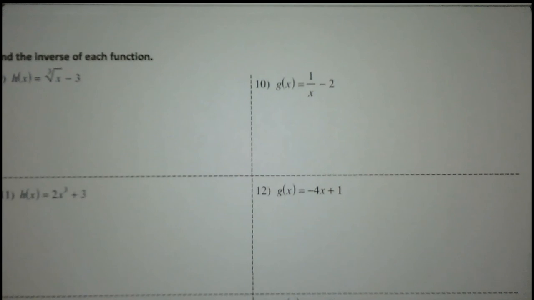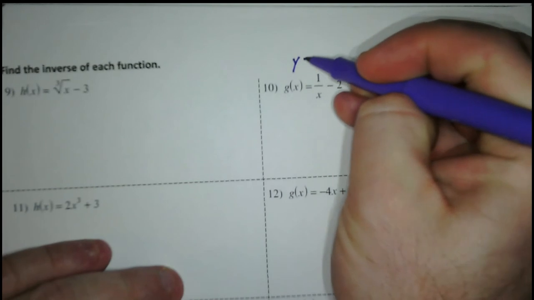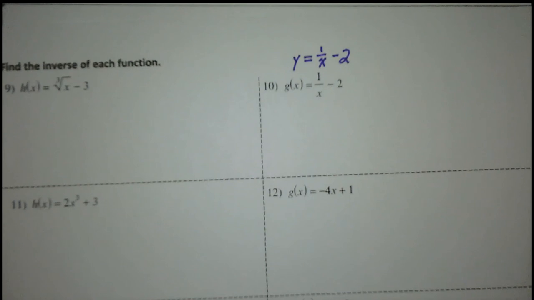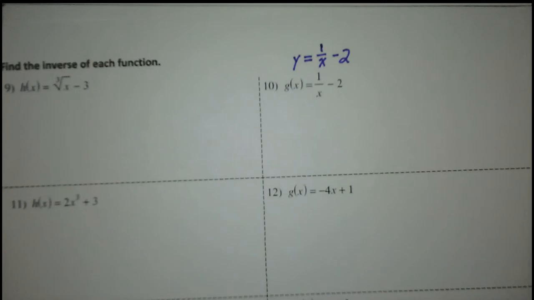Here's what inverse of a function actually means. When you do the inverse of a function, you are swapping the input with the output. You know how functions have input and output? The input becomes output, and the output becomes input. In other words, you're switching x and y. So in number 10, for example, the way it starts out, it's the same as saying y equals 1 over x minus 2, because remember, g of x is just like saying y.